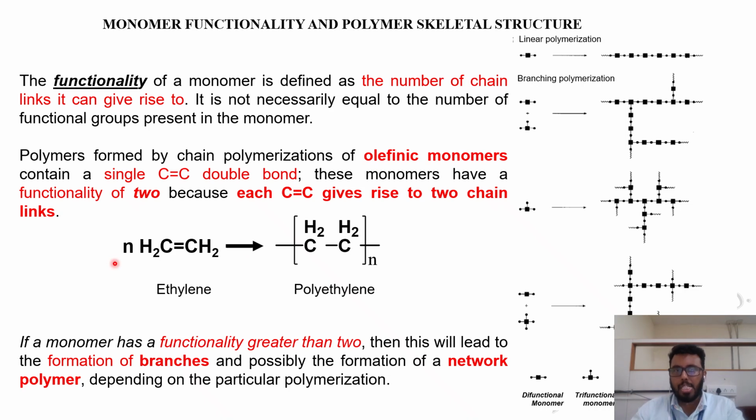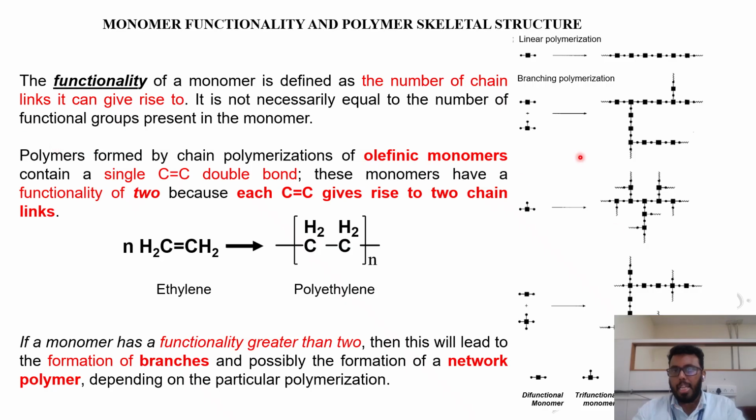As a result, the functionality is 2. If a monomer has a functionality greater than 2, then this will obviously lead to the formation of branches, and possibly a network type polymer can be formed. This all depends on the particular polymerization, like addition polymerization, condensation polymerization, or free radical polymerization.